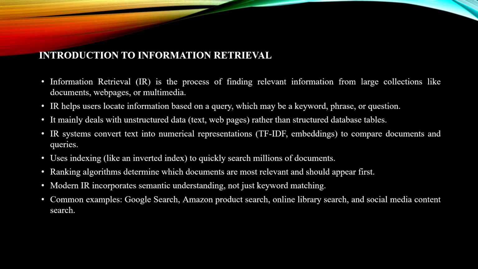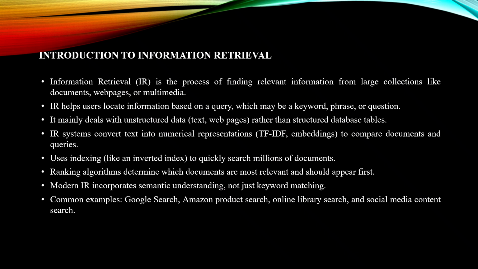So, information retrieval, or IR, is the process of finding relevant information from large collections of unstructured data like web pages, documents, or videos. Whenever you search on Google, Amazon, or YouTube, IR systems are behind the scenes, matching your query to the best possible results.